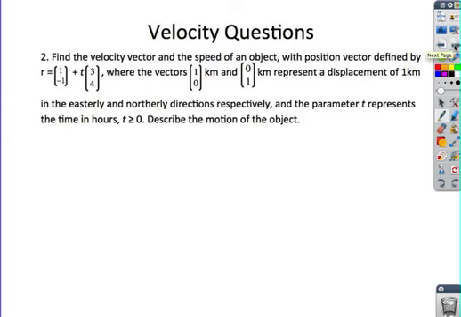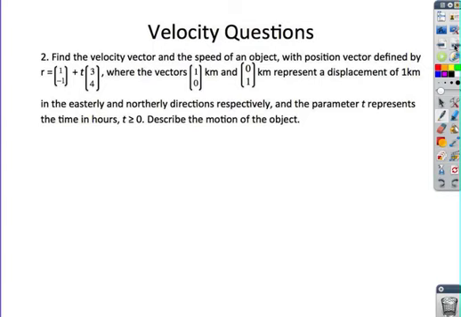This next question, all right, so we have a velocity vector and the speed of an object. You want to find the velocity vector and the speed of an object with its position defined by (1, -1) plus t(3, 4), where the unit vectors represent 1 kilometer in each of those directions, easterly and northerly, and the parameter t represents the time in hours. Describe the motion of the object.